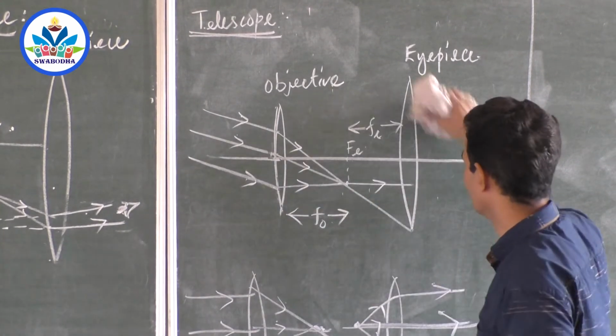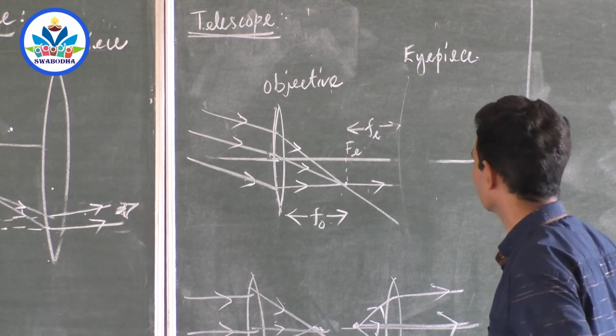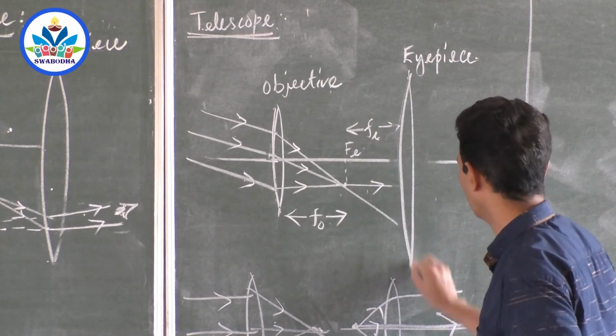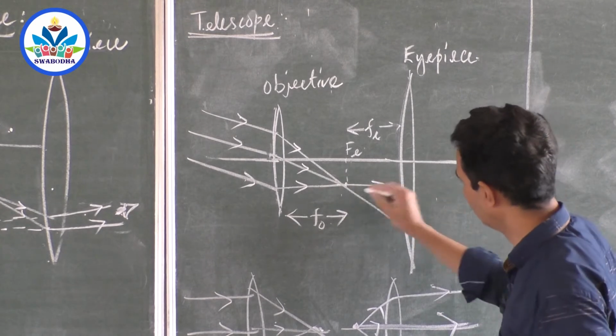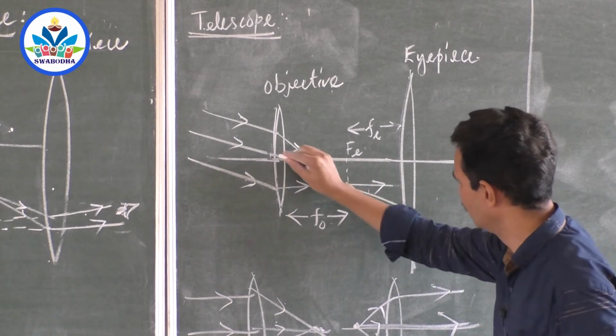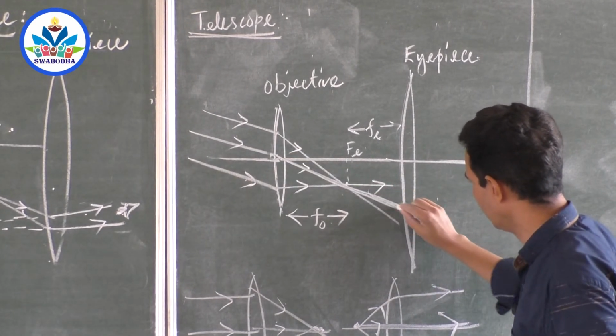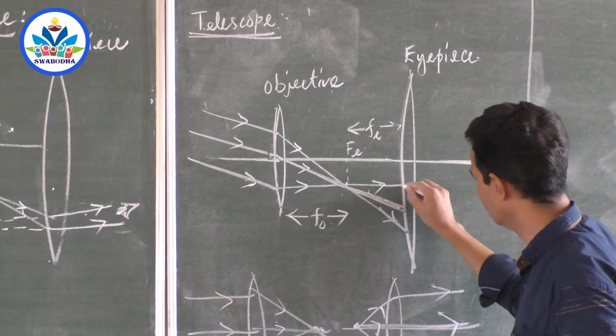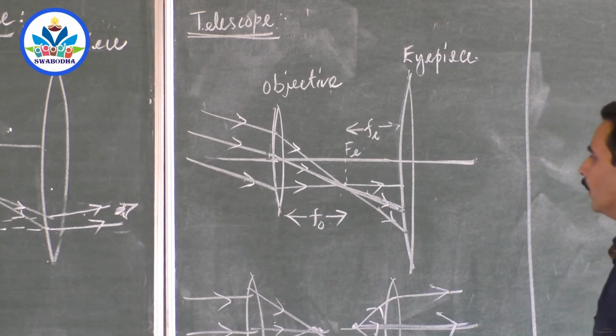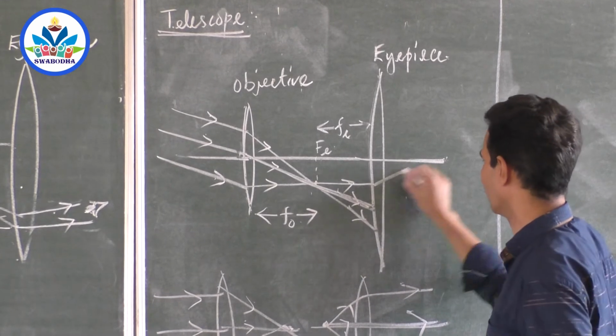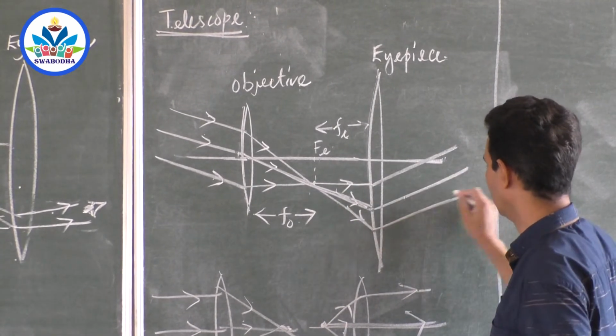So I have to increase the size of this lens. Okay, they continue the journey like this, this one like this, one like this here, and now what should they become? They should become parallel like this, right? They become parallel.